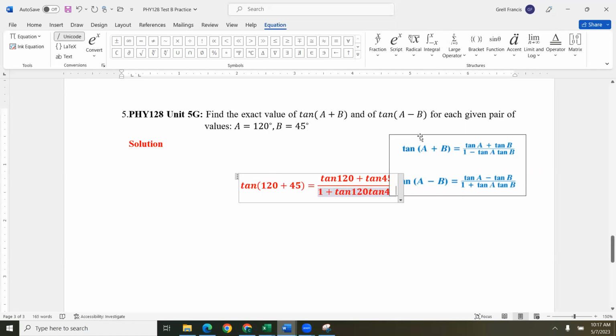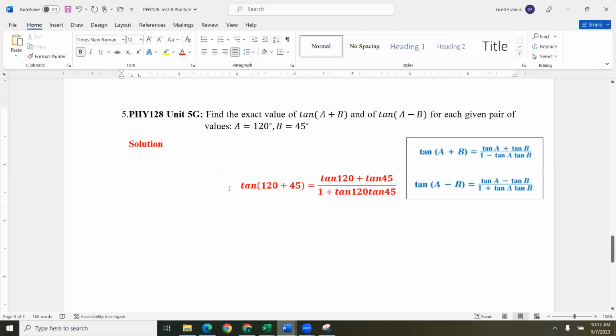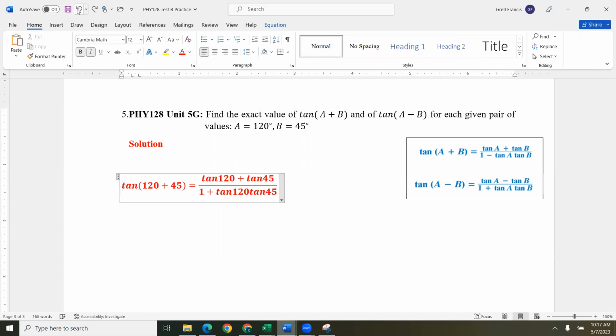Now, these angles that are provided for this type of exercise are actually common angles, okay, angles whereby you can find the exact value of tan thereof, okay?